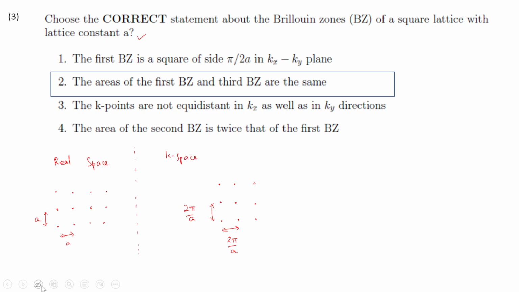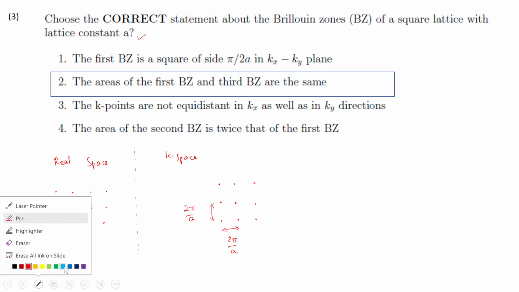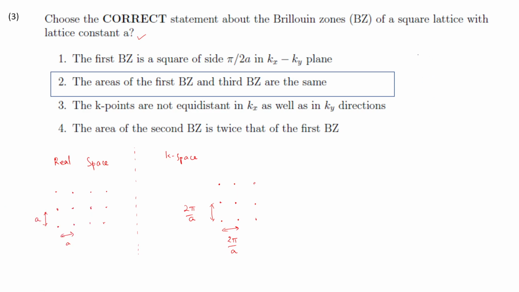You can use the simple formula for finding the reciprocal vectors. So a1 you can write a x cap, and a2 you can write a y cap, and a3 you just write some z cap. So these are real space vectors, and so in reciprocal space, how do you find it?